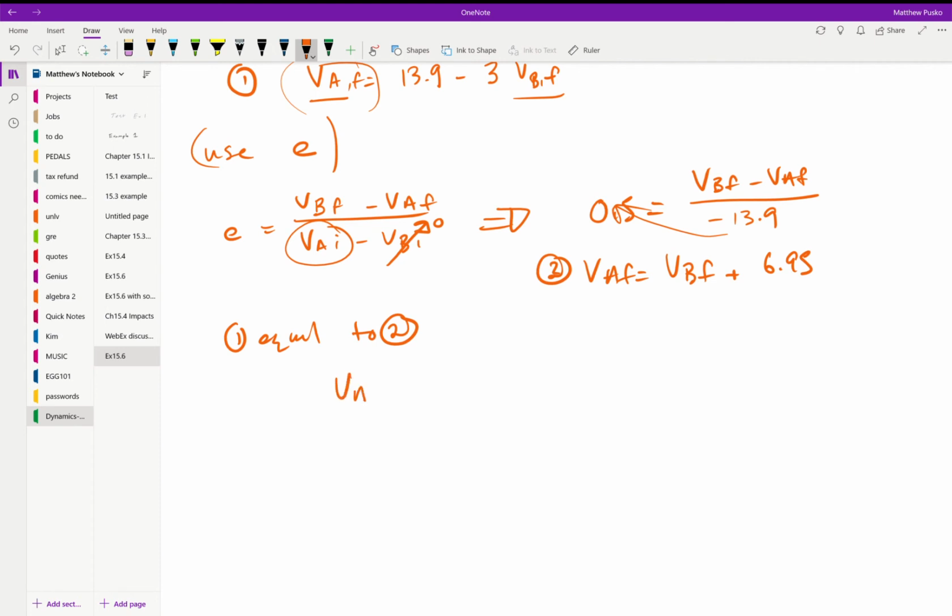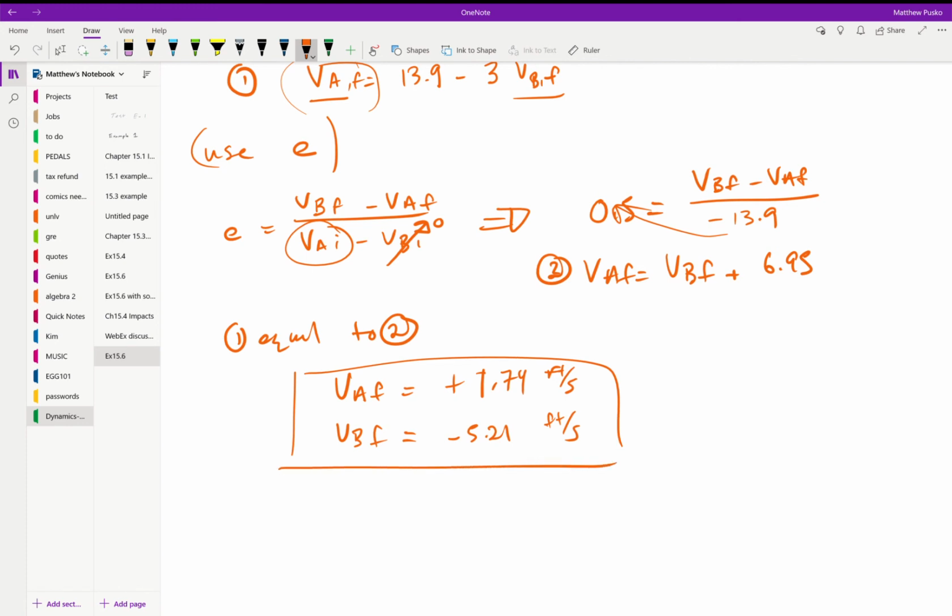The velocity of A final is equal to a positive, it's either a 1 or a 2, I can't read my writing, 1.74 feet per second, and the velocity of B final is equal to a negative 5.21 feet per second. So the book is going to solve it by assuming the directions go to the left, and that is positive.